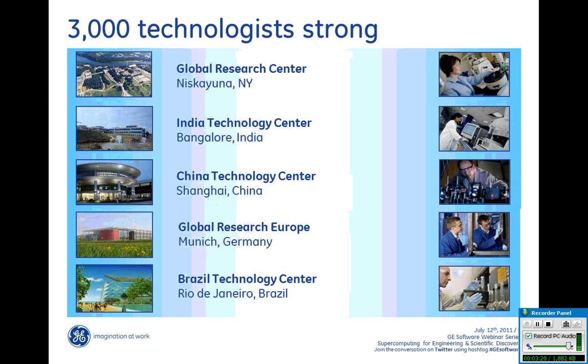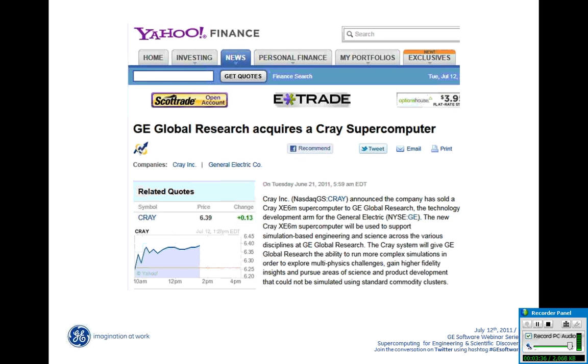Our site is the oldest of the GE research sites. We have also opened sites in India, China, Germany, and we have one underway in Brazil. And relevant to this conversation, we do have a recent acquisition in our facility of a Cray supercomputer that some of you may have heard about.